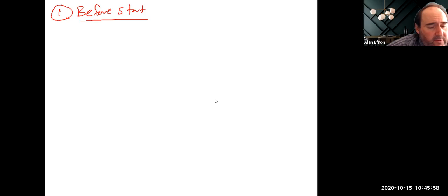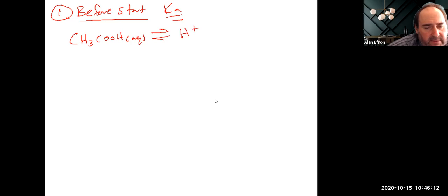And the ICE table would be a Ka type of problem because it's a weak acid. So in this case, something like acetic acid breaking apart into H plus and acetate in this particular example.